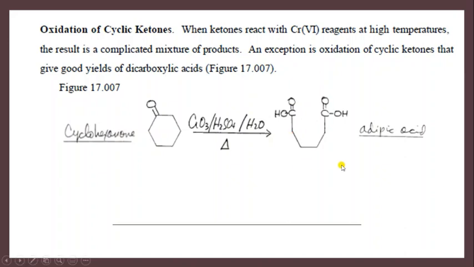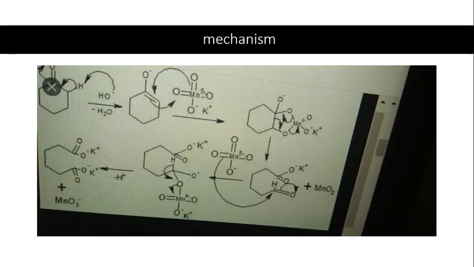So it has been changed into the open chain dicarboxylic acid. You can try the mechanism of this reaction, how this could have happened. It's more or less the same. You can try on this and then come to me.